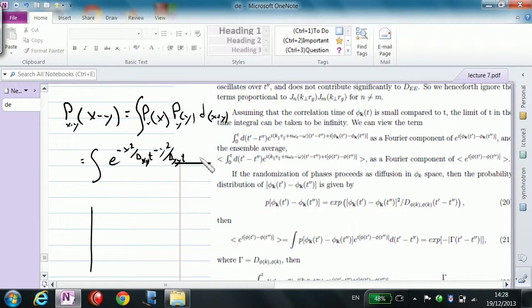Here I'm writing dx, dx plus y. If you do it that way, you have to integrate in one variable, dx. z is a fixed number.